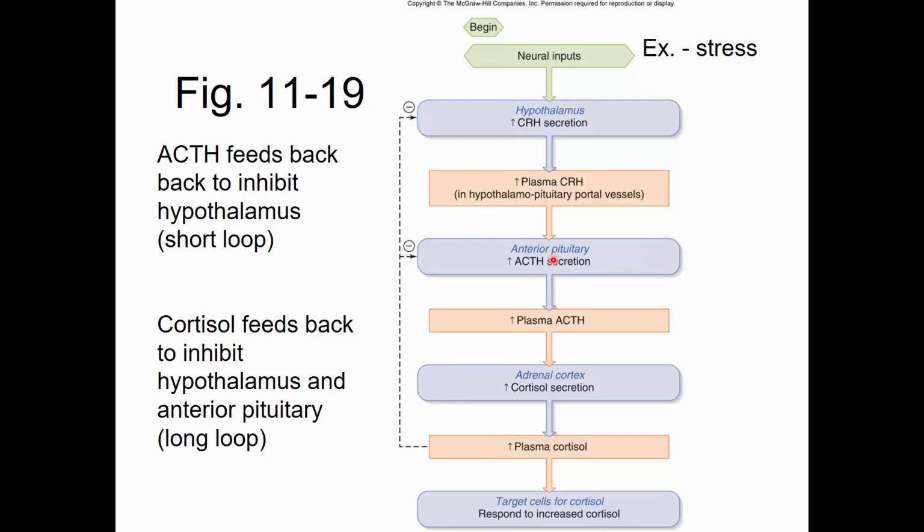The anterior pituitary releases ACTH, which goes out into the periphery and stimulates the adrenal gland, the cortex specifically, to produce cortisol. And cortisol then does things to help you withstand the stress. You need to be able to shut this loop off, so excess cortisol feeds back and inhibits ACTH and inhibits CRH by negative feedback.